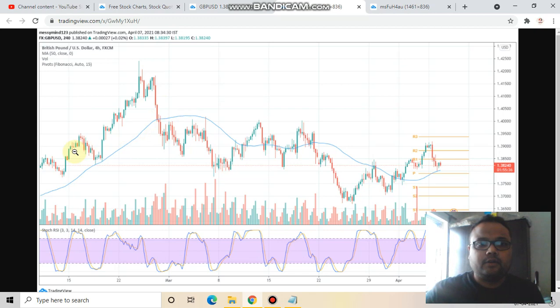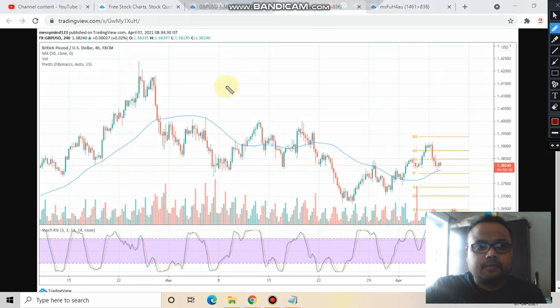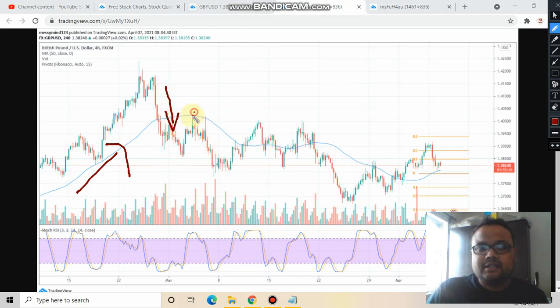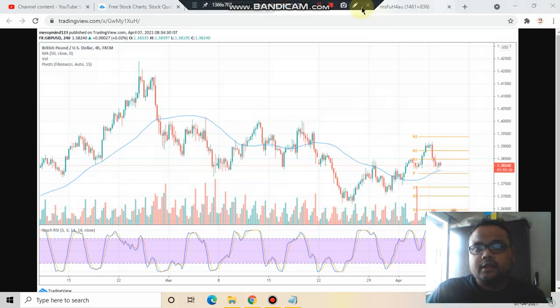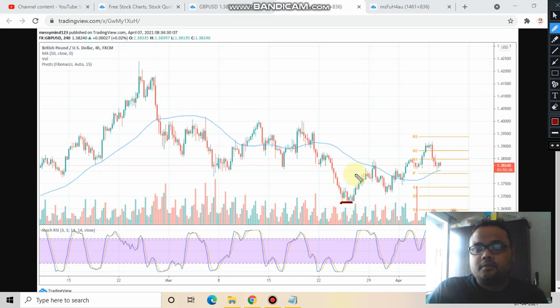You can see that it went up, and wait, let me take out the pencil. It went up, and after that it came down, and after that there was no proper trend, and again there is no proper trend. But one thing that we can notice here is that after making this low, market went up. Market came down again, but market did not cross the previous low.